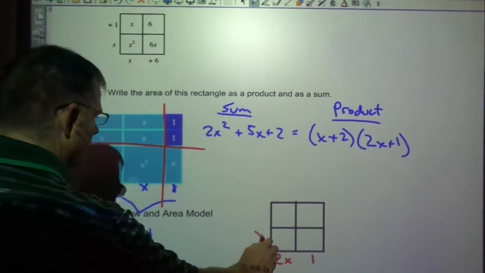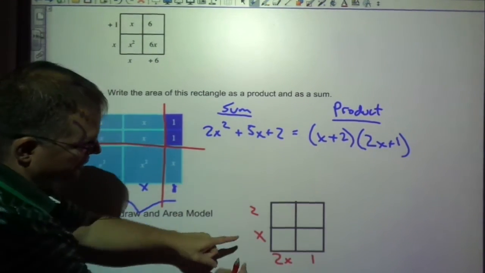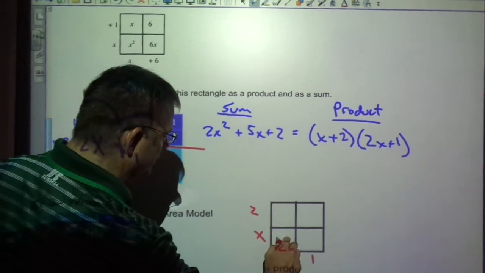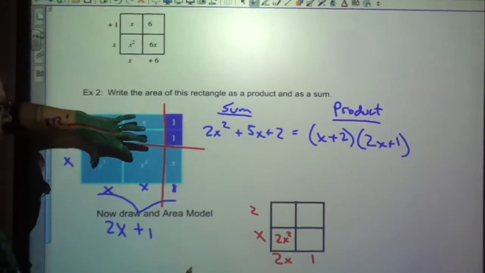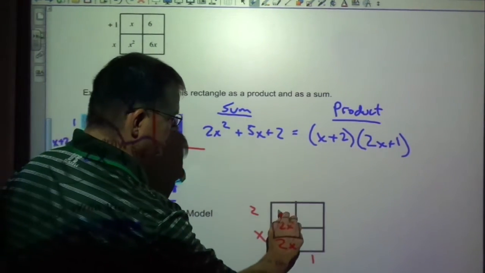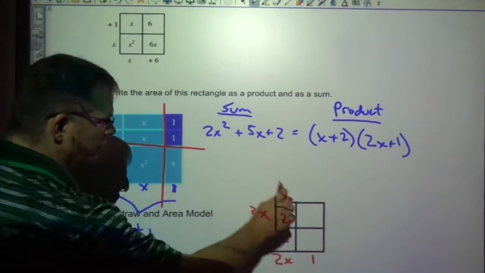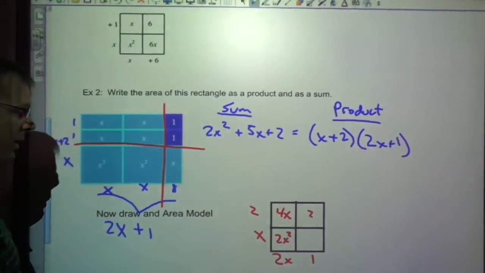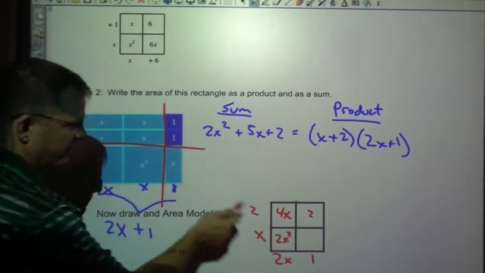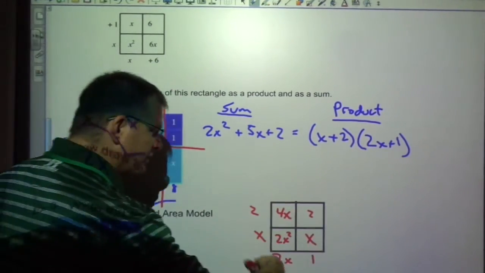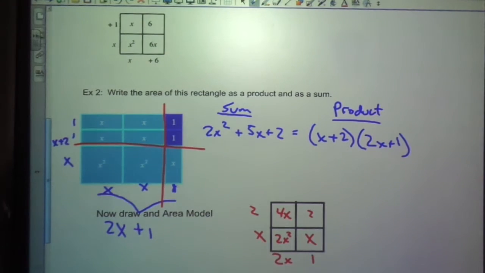Here's 1x, and this was 2. So now we should be able to multiply these as 2x squared, and see that's my 2x squareds. This is multiplying here 4 x's. And here's 2 1's, 2 times 1 is 2, and x times 1 leaves x. This is the area model that we're looking for.